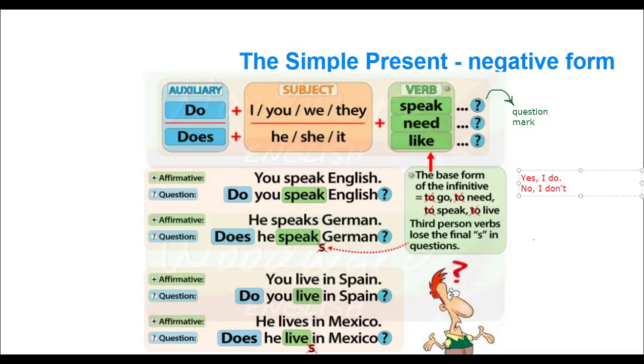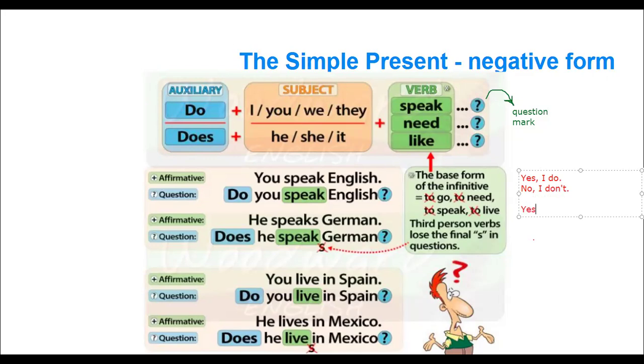Okay. Imagine, right, que estamos hablando de your mom. And I ask you, does your mother speak Spanish? Yes, she does.